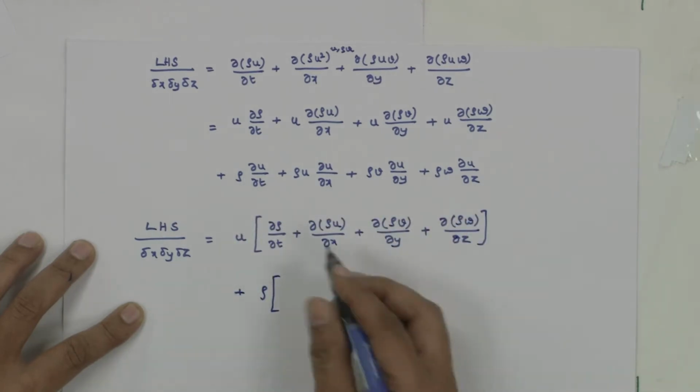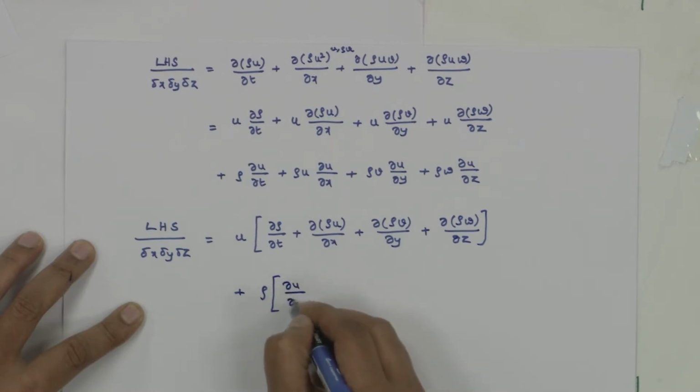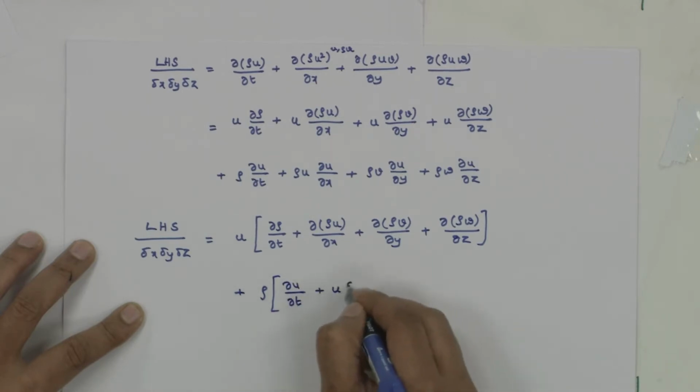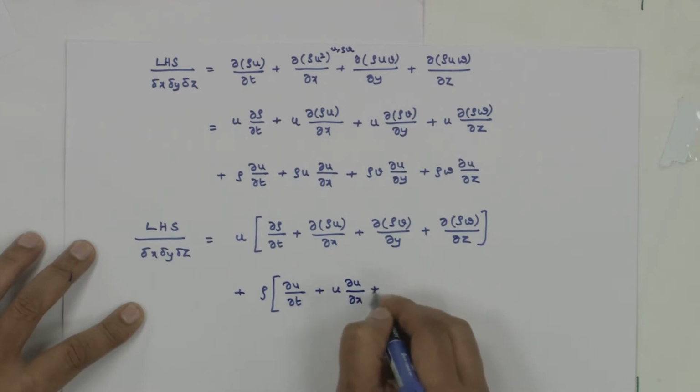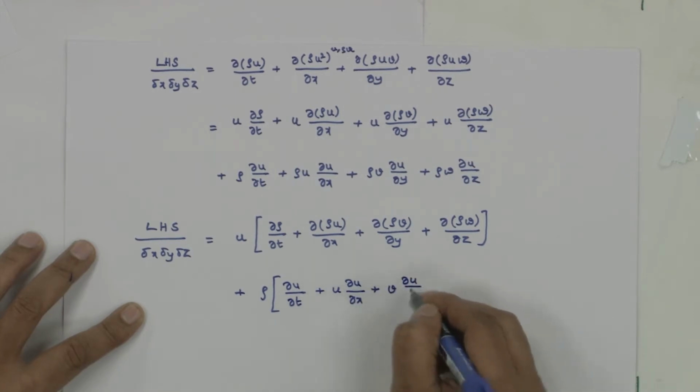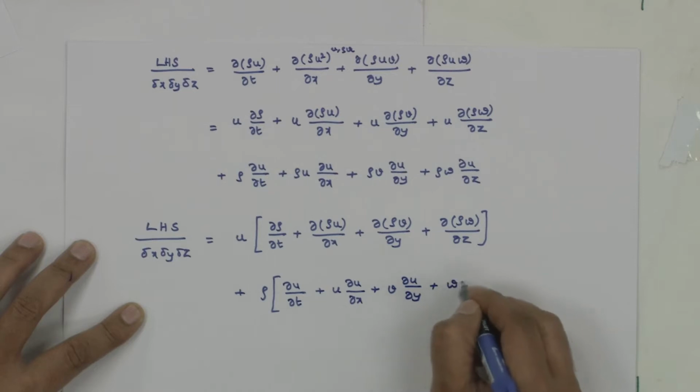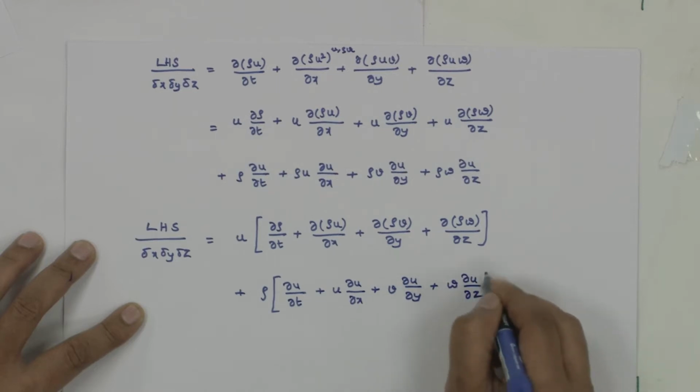Rho, if I take common: del u by del t plus u del u by del x plus v del u by del y plus w del u by del z.